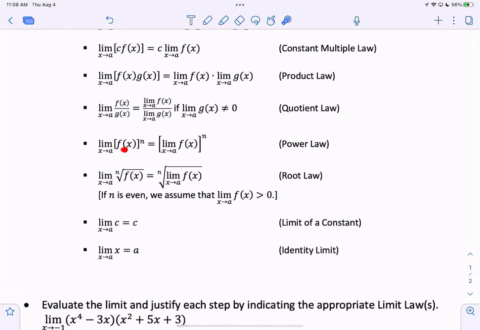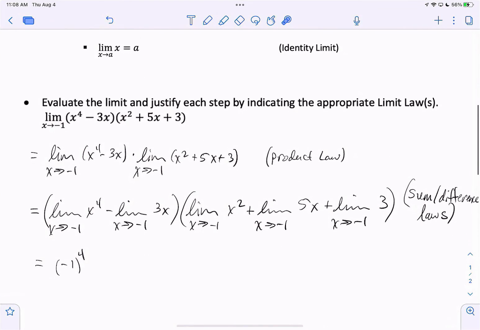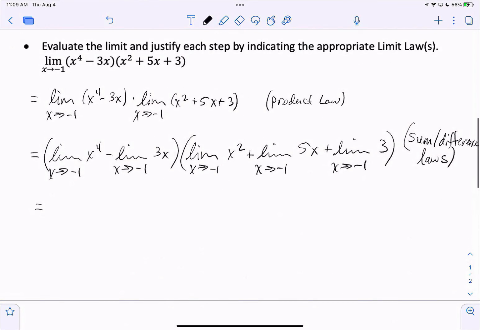Here f of x is just x. If I have the limit of a function to a power, then it's the same thing as finding the limit first and then taking that to a power. Oh, you know what? I skipped ahead. I'm not even going to edit that out. I'm going to leave it in.